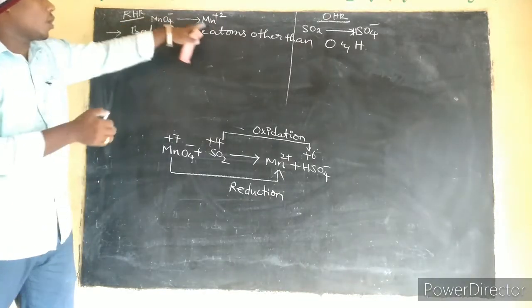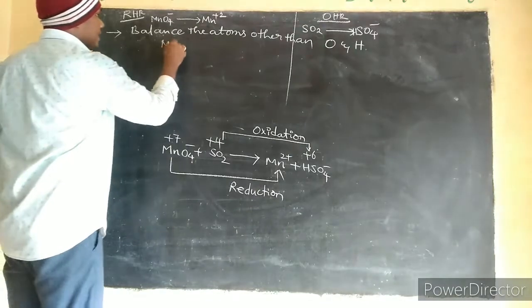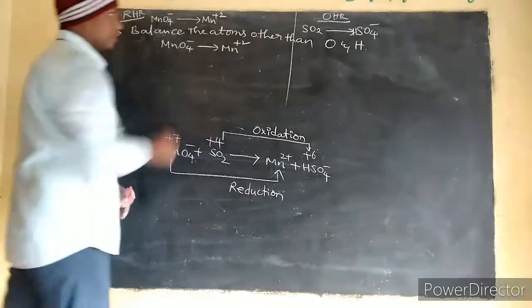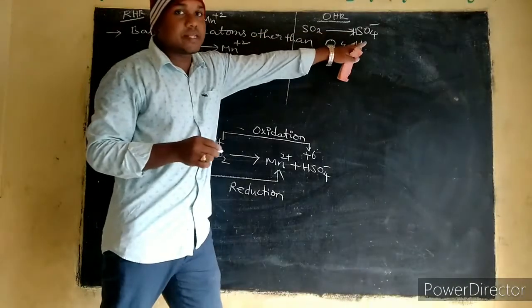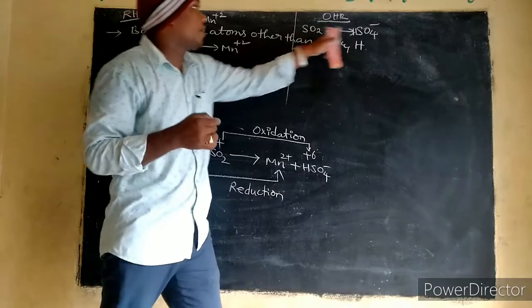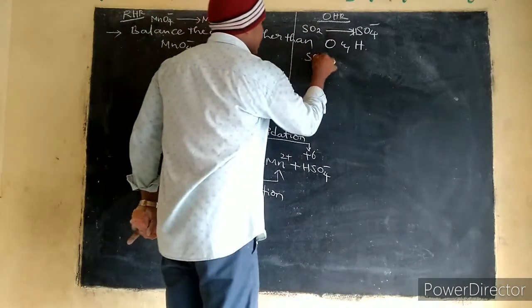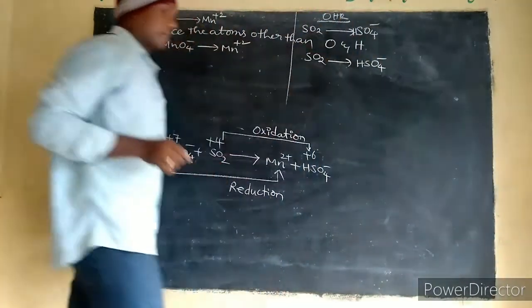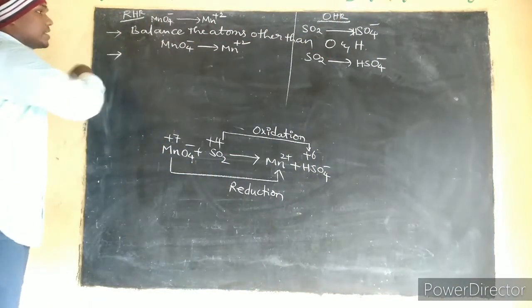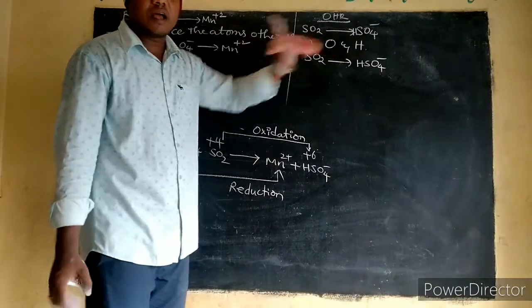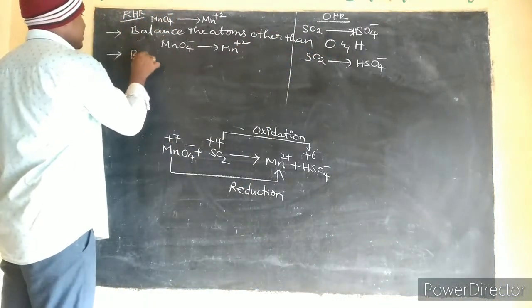As usual, MnO4 minus gives Mn plus 2. Correct? Other than oxygen and hydrogen atoms means sulfur here. Here also one sulfur and one sulfur. So no need to change, SO2 gives HSO4 minus. Correct? Now the second condition: balancing oxygen atoms.